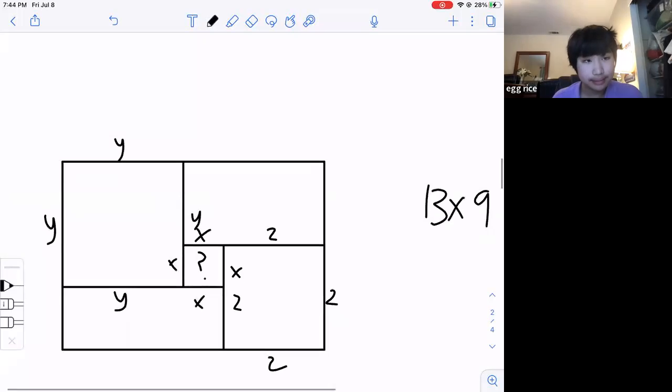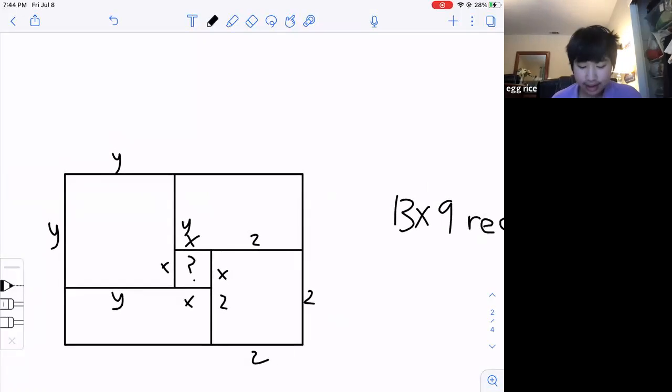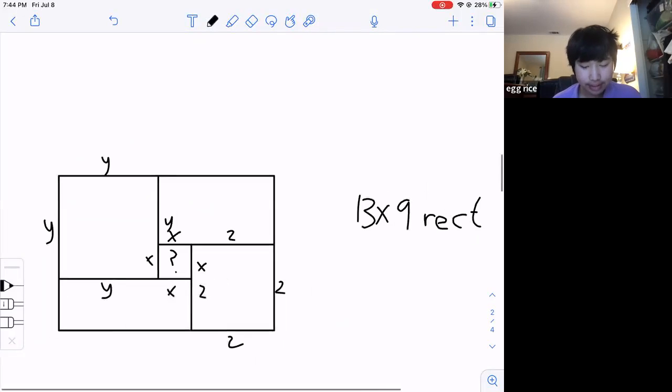Okay, so can anyone think of any relationships that these variables have? Now, this is a very hard problem. This is actually the hardest problem on AMC 8, but I think slowly you can figure it out. It's quite smart the way they figure it out.